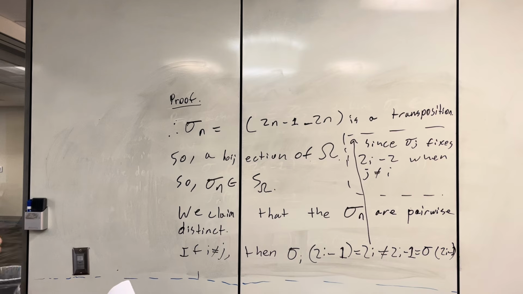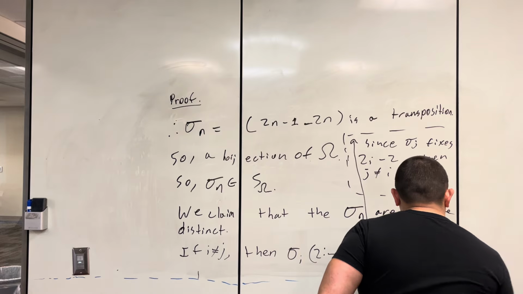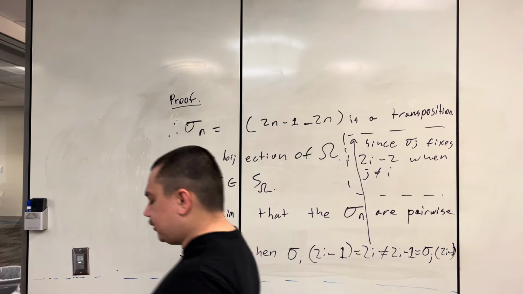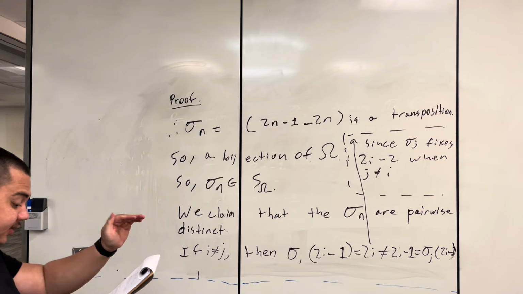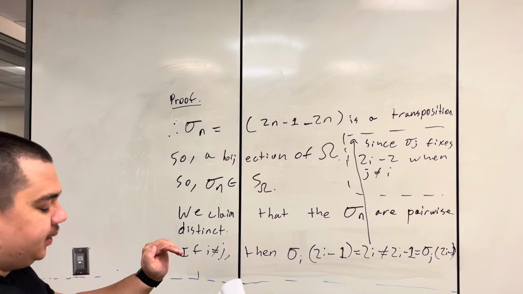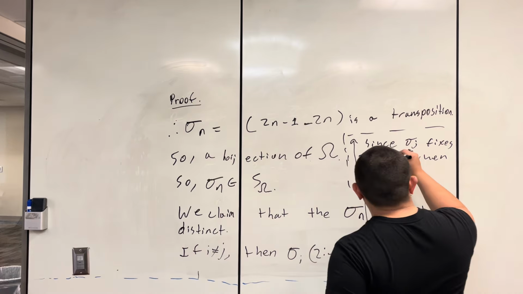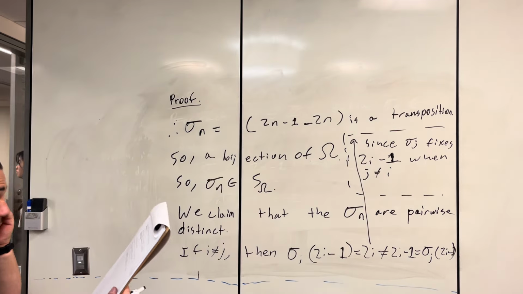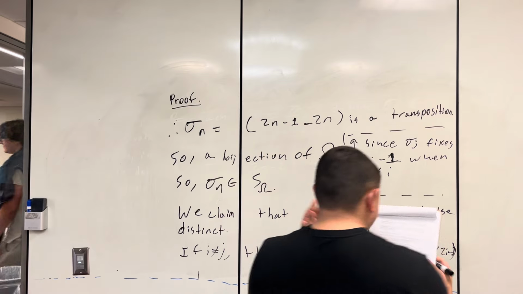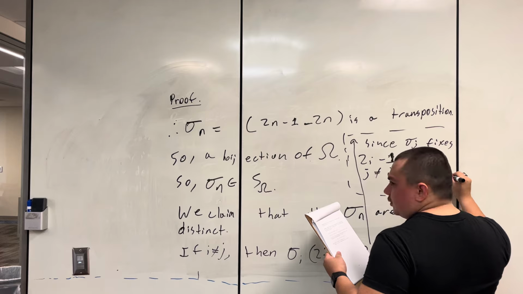Since sigma sub i of 2i minus 1 is not equal to sigma sub j of 2i minus 1, therefore sigma sub i is not equal to sigma sub j.